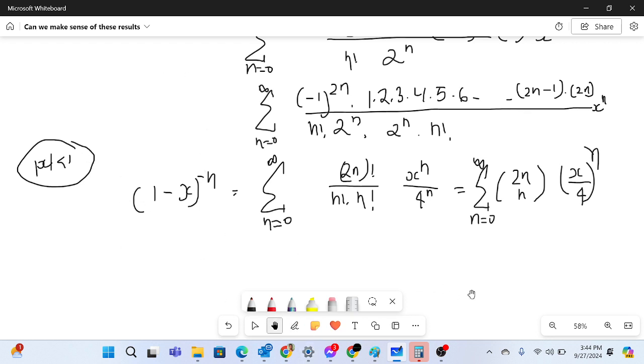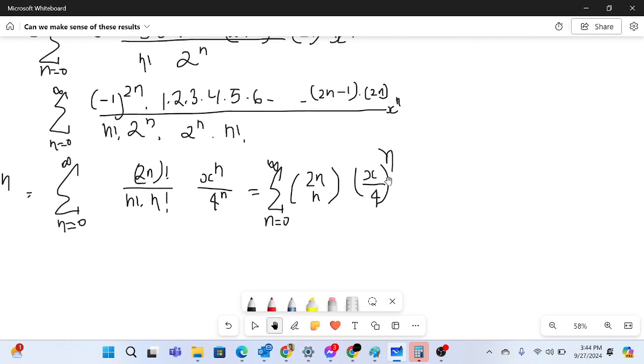Also, if you want to derive this, just use the ratio test over here in this series expansion. If you use the ratio test, what will you get? We actually have to test the modulus of the (n+1)th term by the nth term, right?